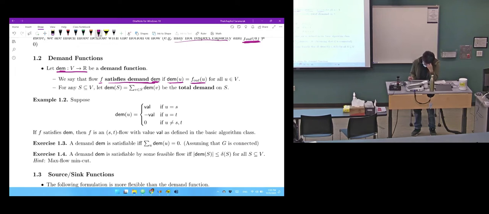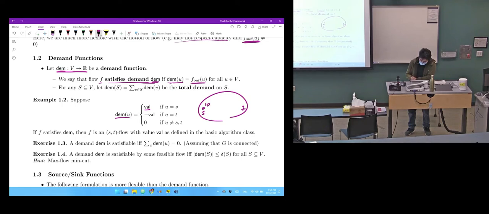So for example, if I define the demand at S to be 10 and at T to be minus 10, and everything else I define to be 0, then the flow that satisfies this demand is really just an ST flow, right?